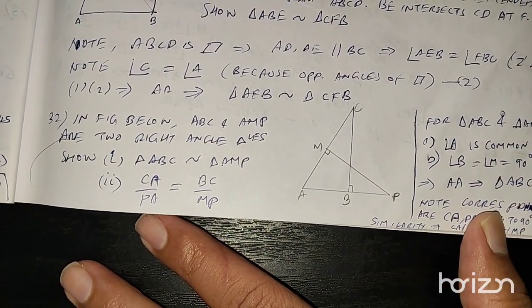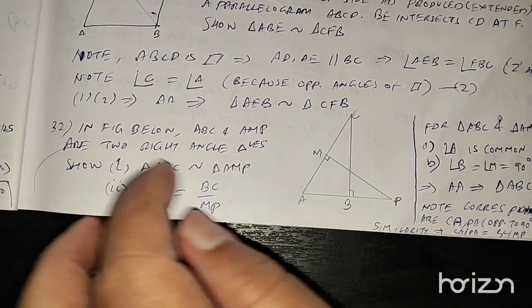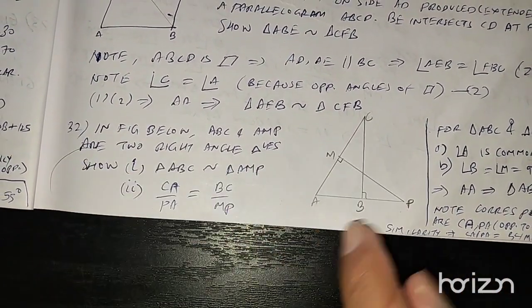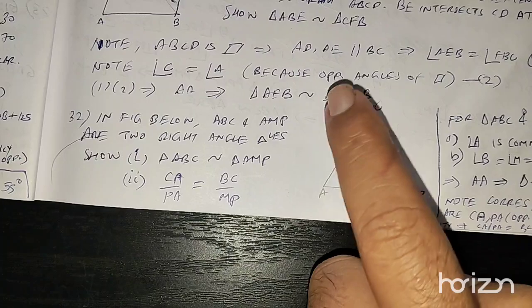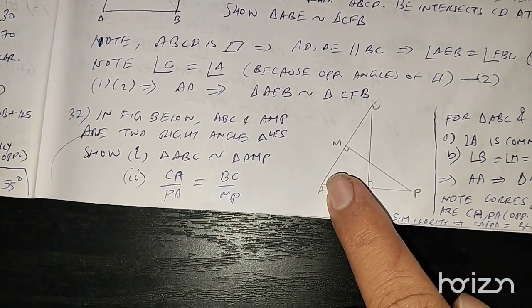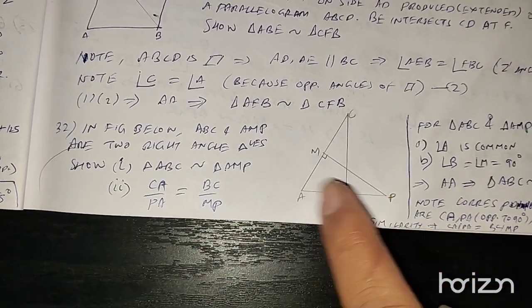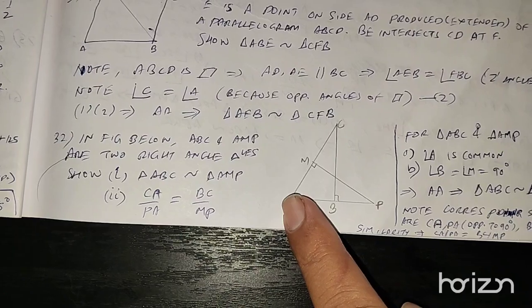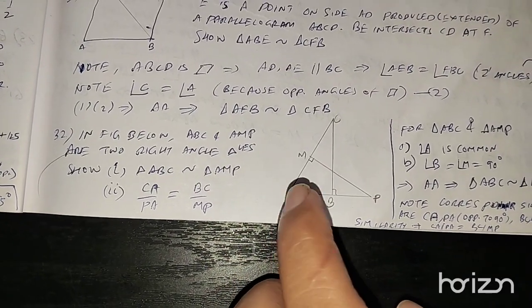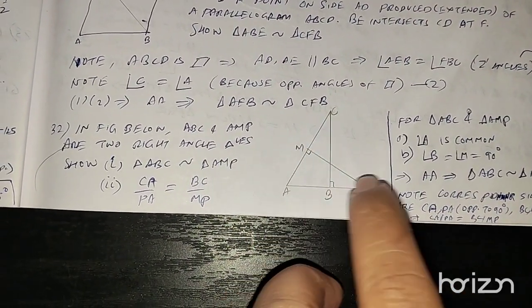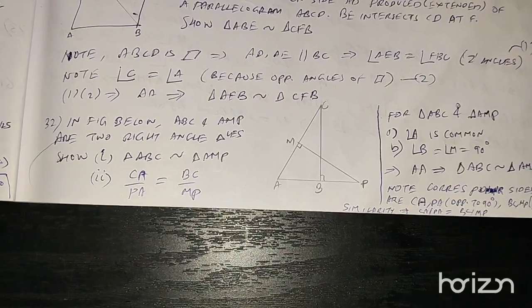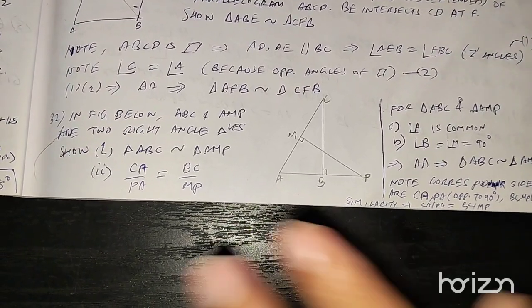You have 90 degrees for two triangles. AA theorem shows that they are similar, and show that CA divided by PA is equal to BC divided by MP, because they are the corresponding sides.